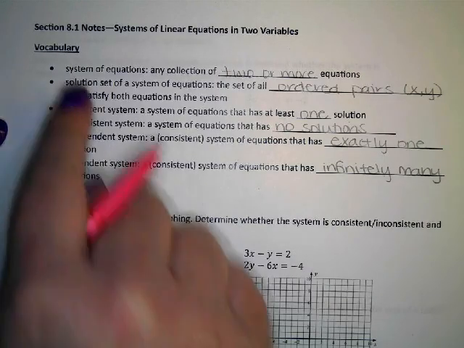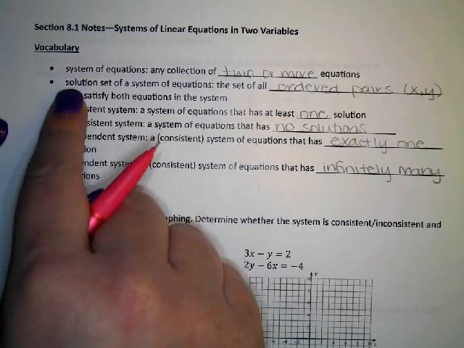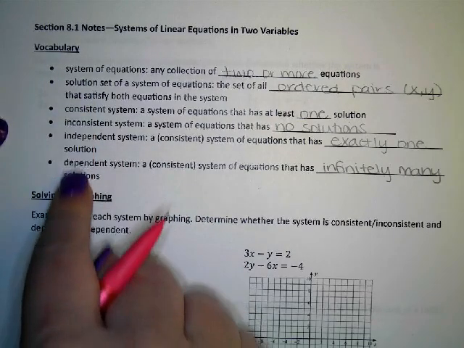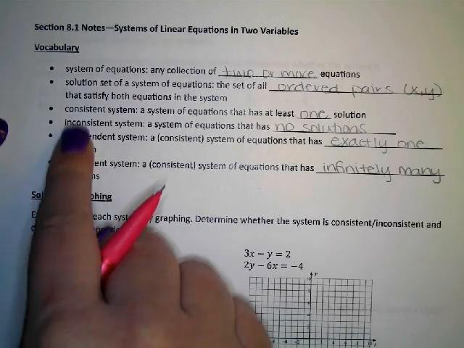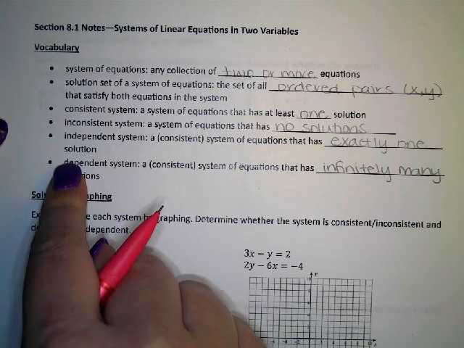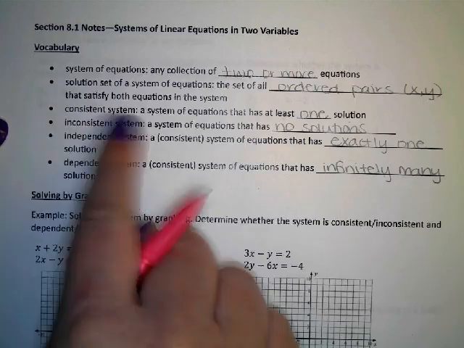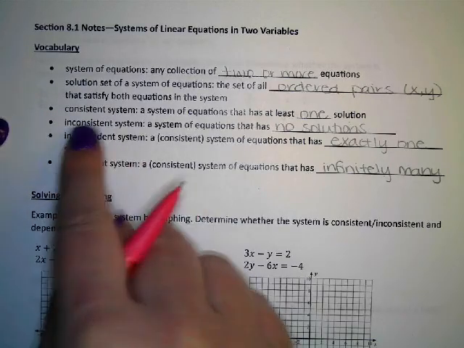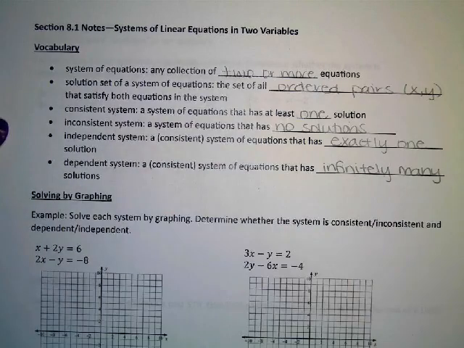I'll be honest, these two definitions you really need to know. I had never seen these words before I started teaching, which means I made it through a lot of schooling without knowing these vocabulary terms. You can have them on here and look at the definitions and we'll recognize which is which.